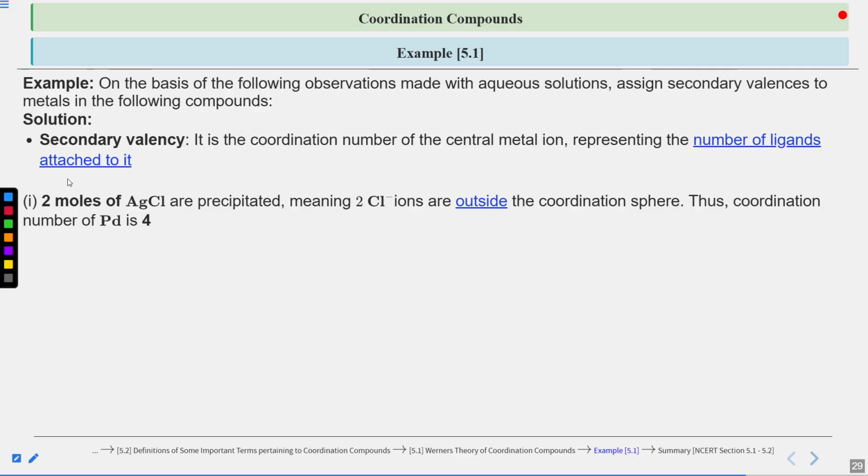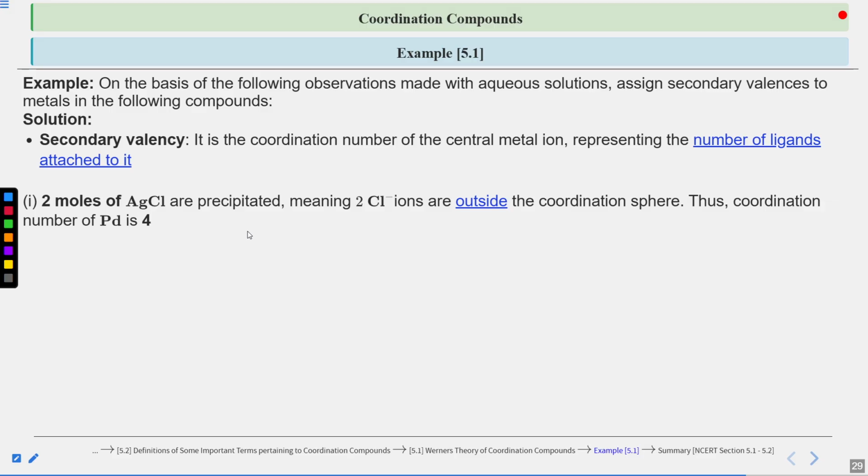The first formula gives 2 moles of AgCl precipitate, meaning 2 chloride ions are outside the coordination sphere. If you get 2 moles of AgCl after the reaction with AgNO3, that means you are getting 2 moles of chloride ions, so those 2 chloride ions should be present outside the square bracket of the coordination complex.